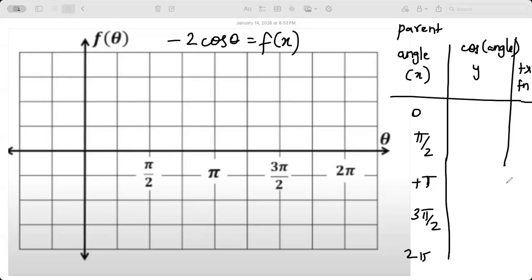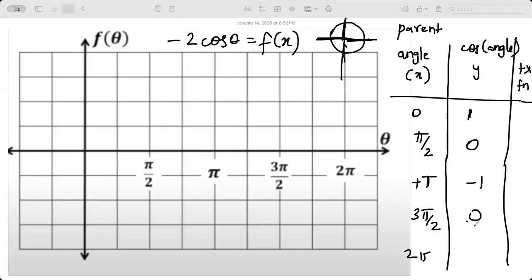I'm going to have these angles. From your unit circle, you already know, I'm not thinking about a transform function yet. So cos 0 at this point is 1, then it's a 0 at this point. Here it is a minus 1. Here again it is 0, and then at 2 pi, it becomes a 1.